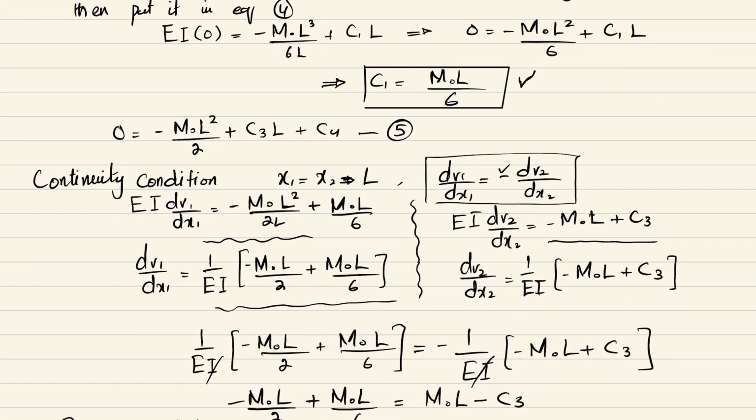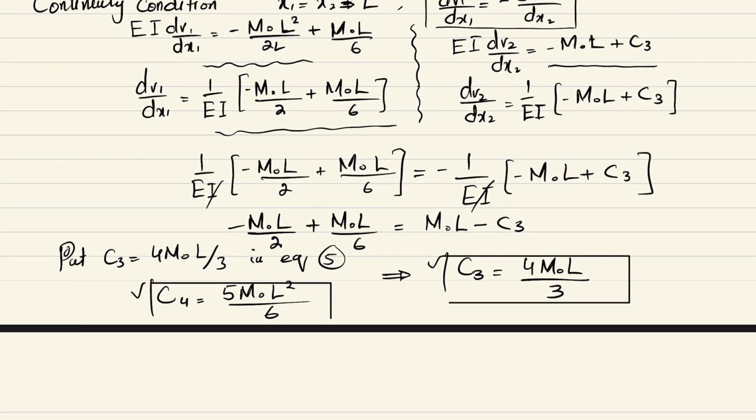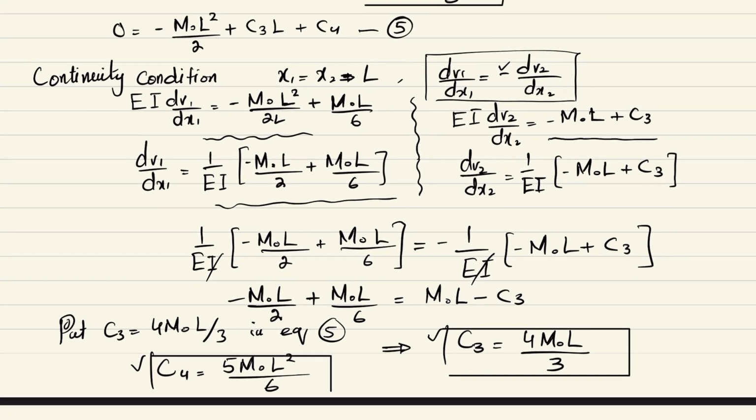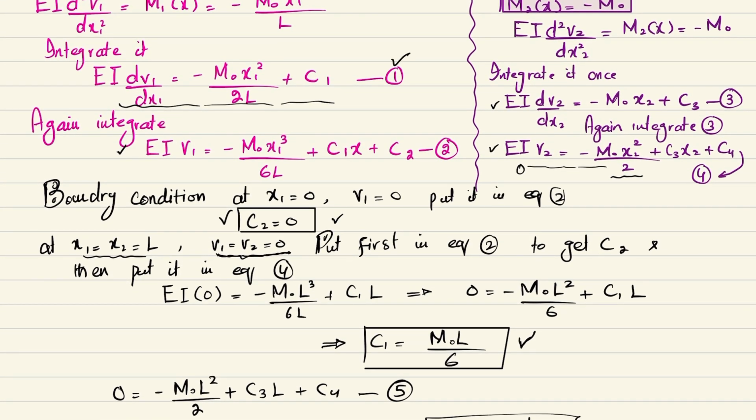Okay, now we have C1, C2, C3 and C4. So you can just put C1 and C2 in equations 1 and 2. Clear? What is equation 1? Equation 1 is this one. C1 is m naught L over 6.